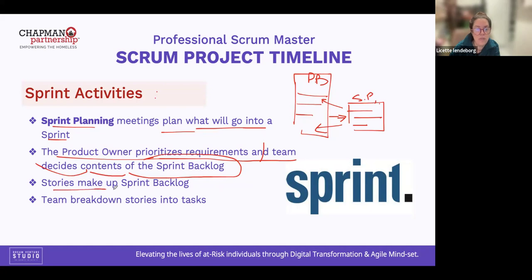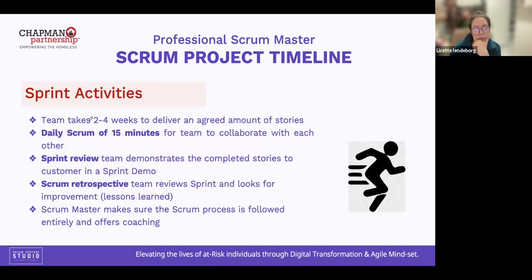So the stories make up the sprint backlog. The team breaks down stories into tasks, smaller portions. How can you eat an elephant? You just cut it into pieces so you can eat little by little. That's the way you need to break down the stories or the requirements. The team takes 2 to 4 weeks to deliver an agreed amount of stories. 2 to 4 weeks is the duration of a sprint or iteration.